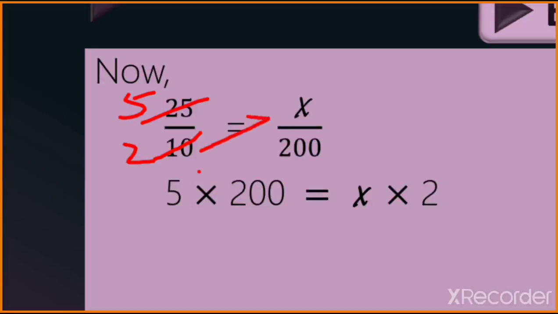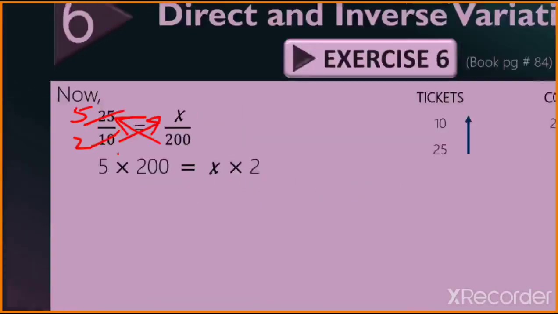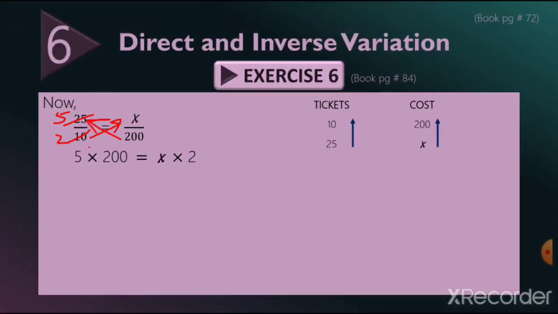So 2 will be multiplied with x and 200 will be multiplied with this 5. So we will write it like this: 5 multiplied by 200 is equal to x multiplied by 2. Now 5 multiplied by 200 will be equal to 1000, and x multiplied by 2 will be 2x.